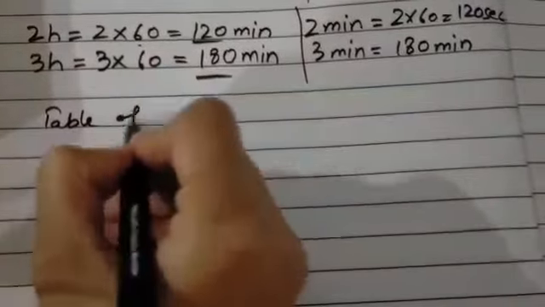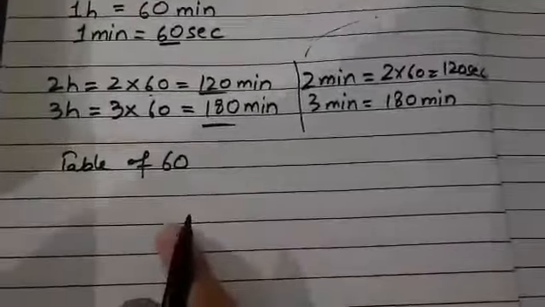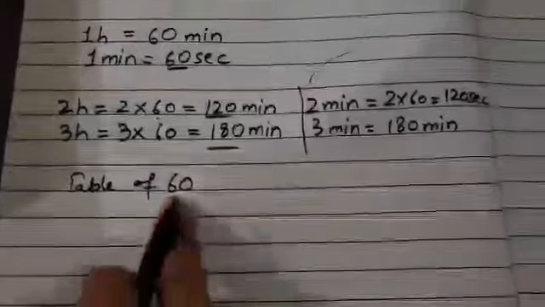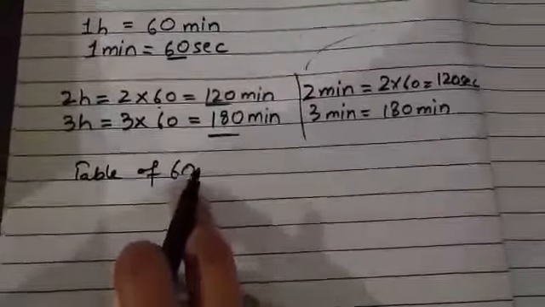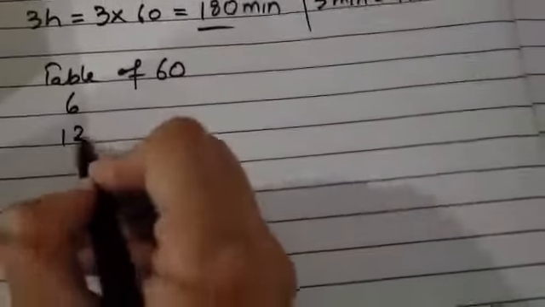But how can you remember the table of 60? That is a very big amount. But do you know the table of 6? The table of 6 is 6, 12, 18, 24, 30, 36, 42, 48, 54 and 60.